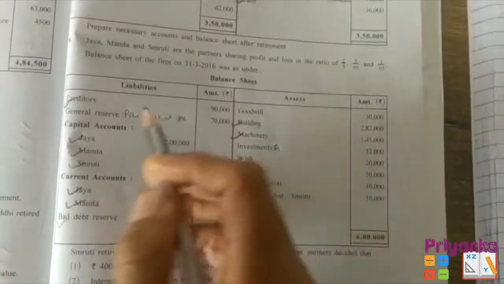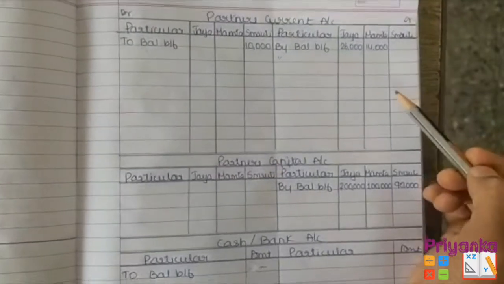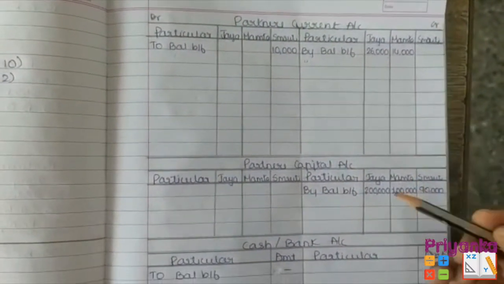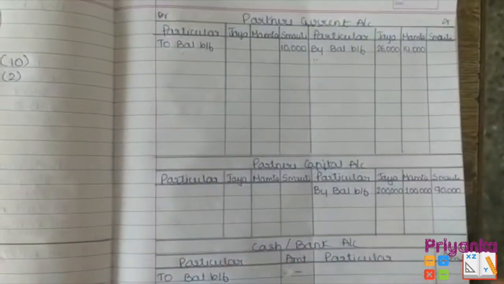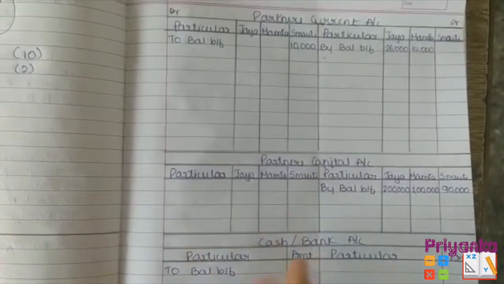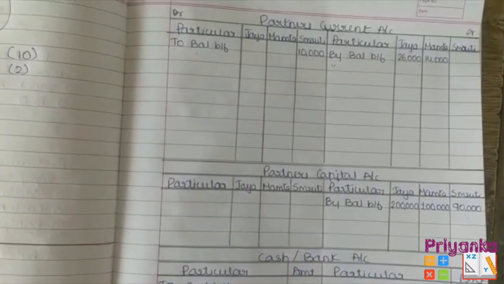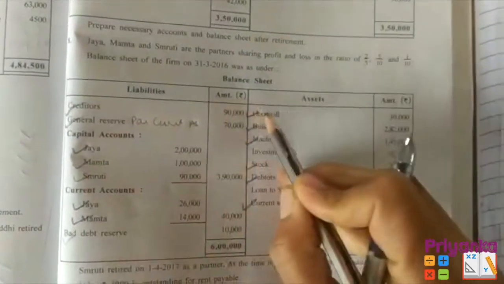First we'll take general reserve and pass into the partner's current account, as we are doing from the second chapter, that if the current account is introduced, all the entries will move to the partner's current account except the opening, and if cash or capital is coming into the partner's capital account if the new partner or retiring partner is taking or giving. So here I took general reserve and the goodwill.